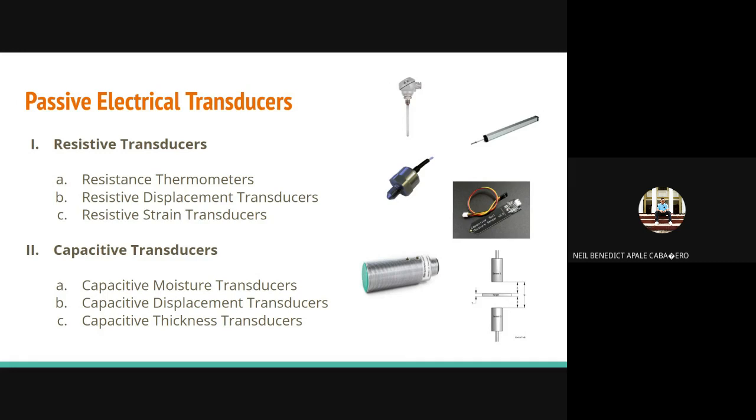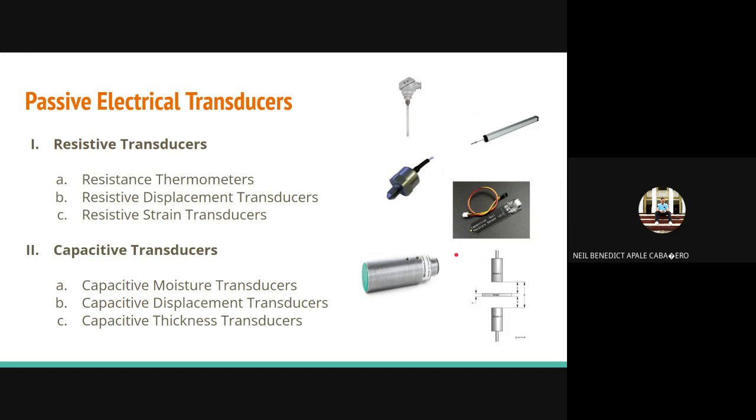First example is the capacitive moisture transducer. It works by measuring the changes in capacitance caused by changes in the dielectric. The fourth picture with the black background is an example of a moisture transducer. Next is the capacitive displacement transducer.